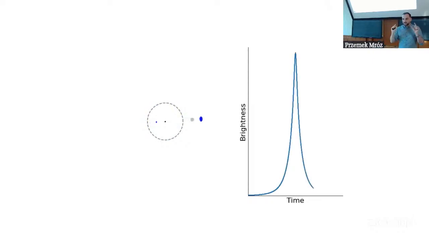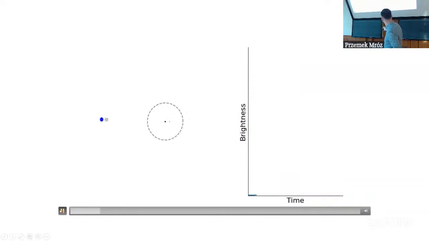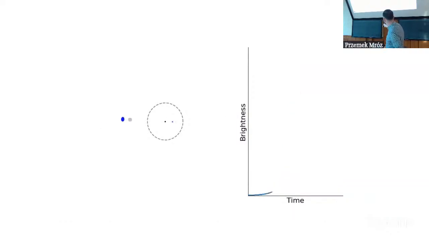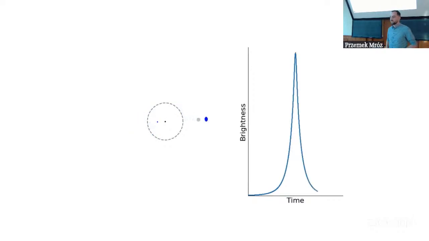But usually these two images are so close to each other that we cannot really resolve them. So all we can do is measure the combined brightness of the two images, which changes with time, as shown here on this right-hand plot. These are microlensing events.